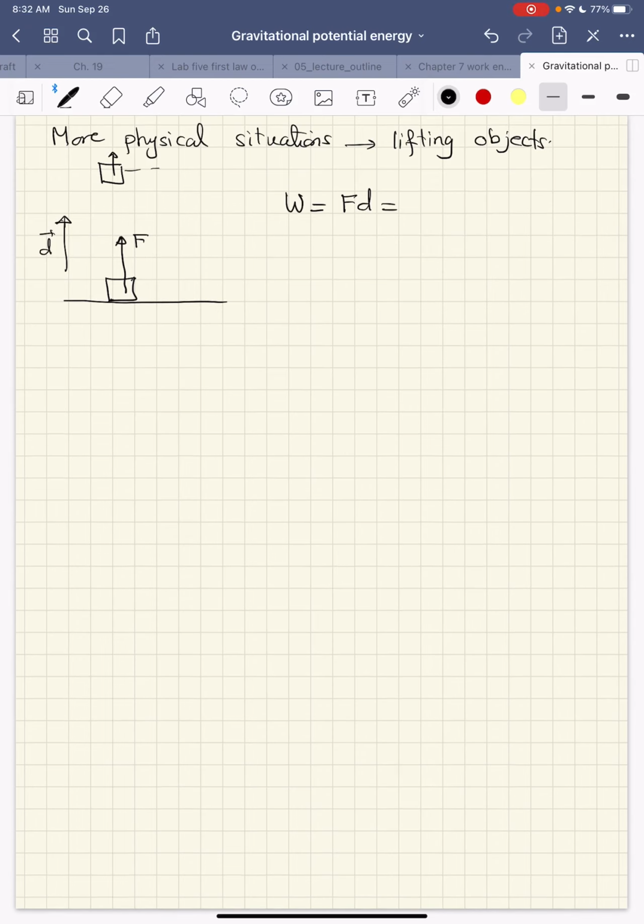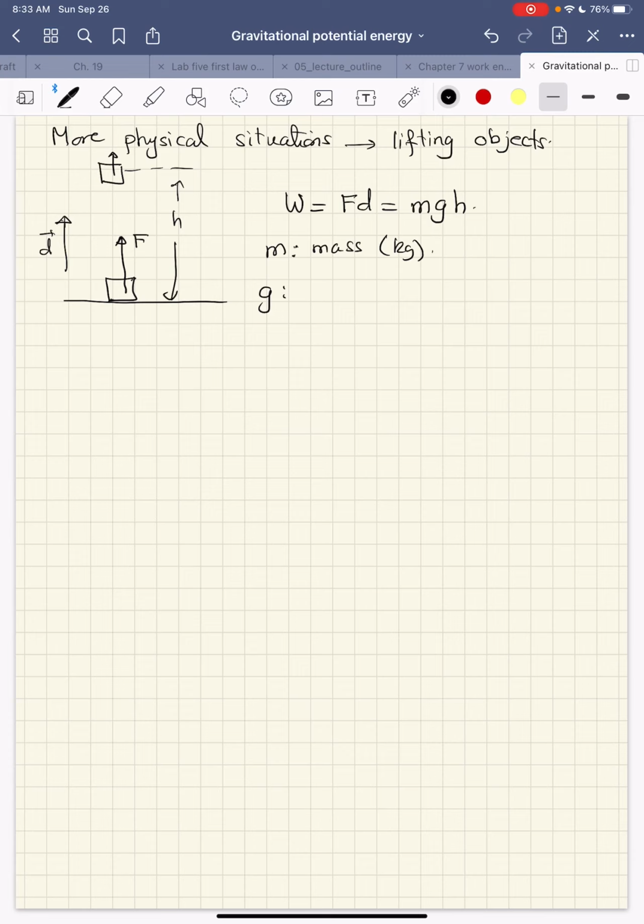If I lift this object for a vertical distance h, the work is mg times h. M here is the mass in kilograms.